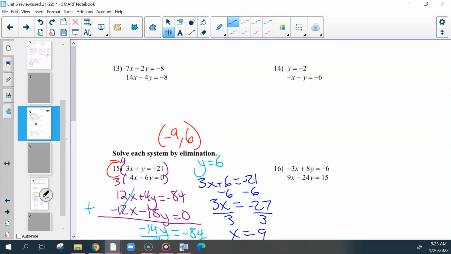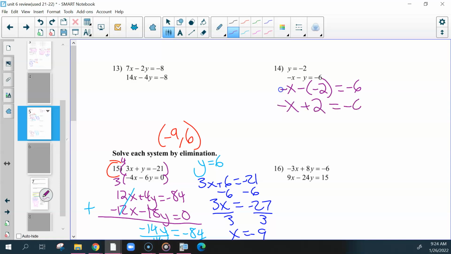Okay. This is substitution. So this one's actually easier than the other substitution problems because they already tell you what y is. You just have to substitute this into here and find that. So this would be negative x plus 2.